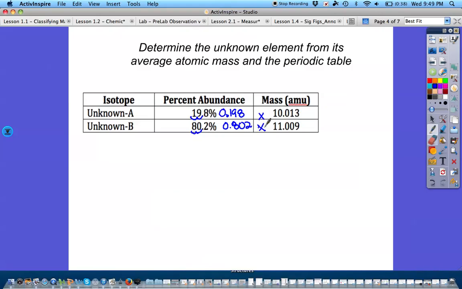Multiply them together. 0.198 times 10.013 is going to give us 1.98. And then 0.802 times 11.009 is going to give us 8.83.